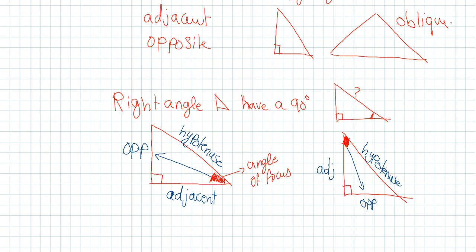So now I know which side is my opposite. I know which side is my hypotenuse. I know which side is my adjacent. Okay? Why do I need to know this? Because I need to know which primary trigonometric ratio, so which part of the SOHCAHTOA I'm going to use. Okay?